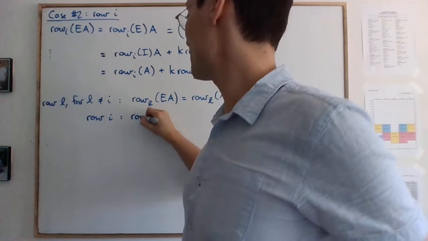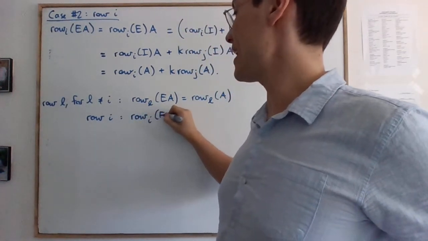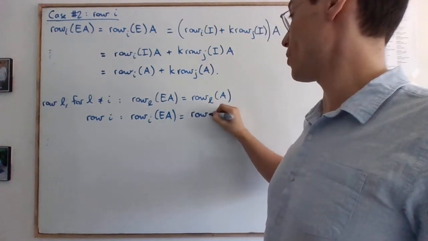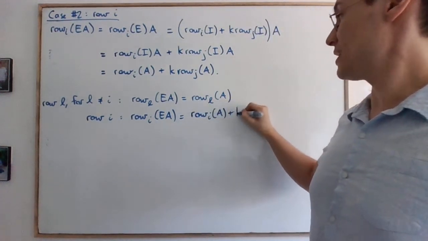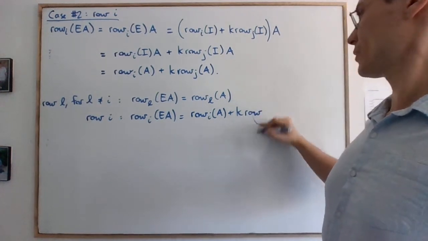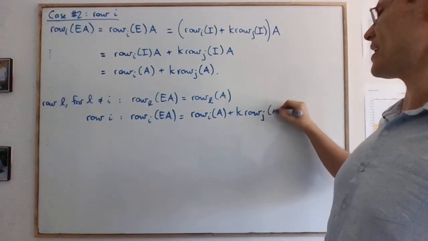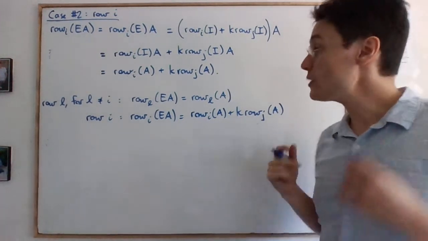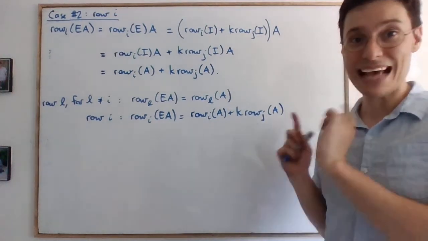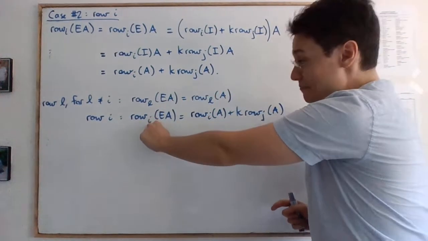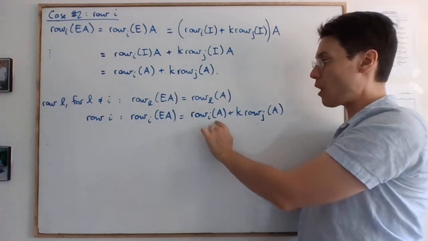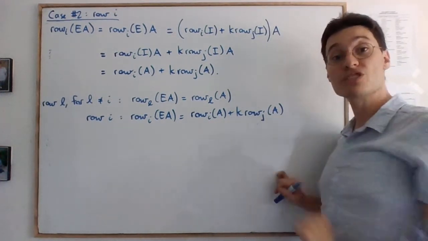For row i, we have that row i of EA is equal to what we have over here: row i of A plus k row j of A. And now we can easily conclude: EA and A have exactly the same rows, except for the row i, on which you do the row replacement, row i plus k row j.